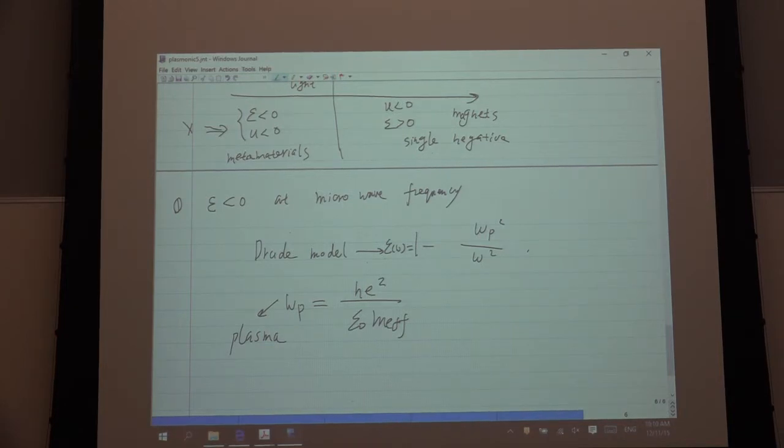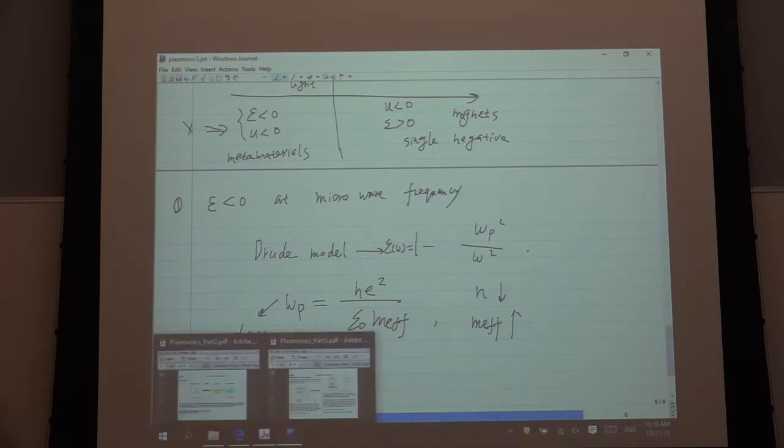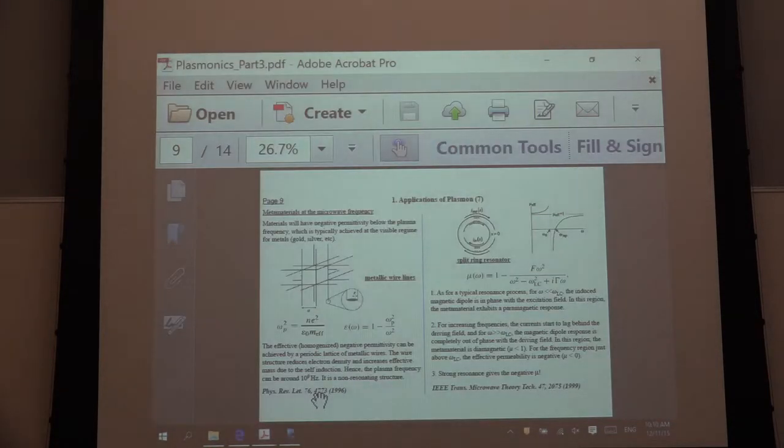So Pendry got the idea from this equation of how to reduce omega p to a microwave regime. You can reduce n, or you can increase the effective mass. This is the basic idea. So they use wires. Why use wires? Wires are very sparse.